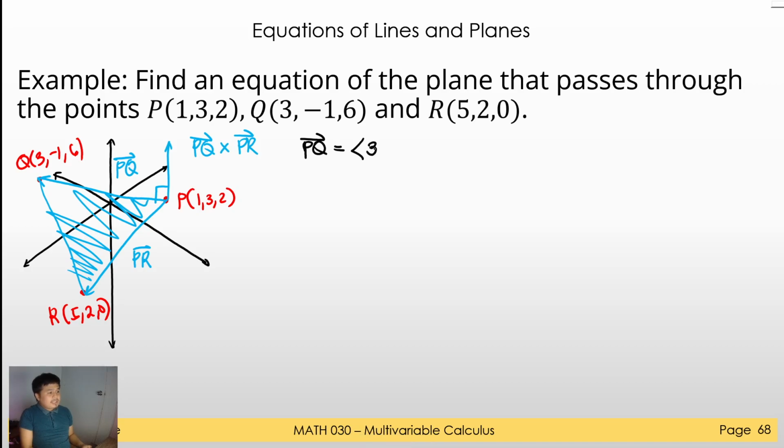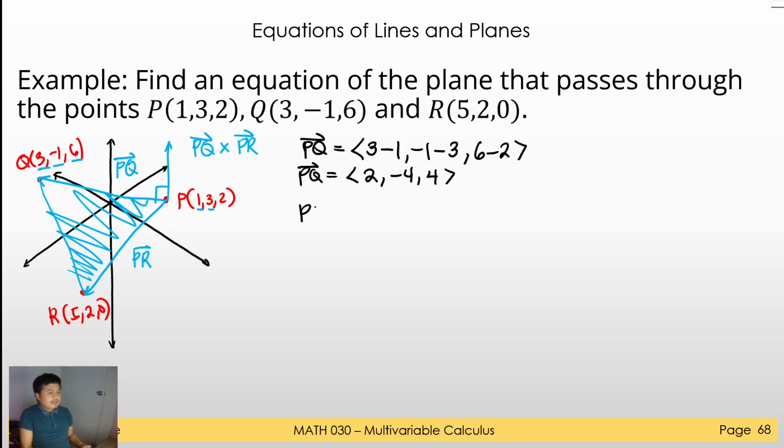So we have 3 minus 1, and then -1 minus 3, and then 6 minus 2. So the PQ vector is equal to 2, -4, and 4.